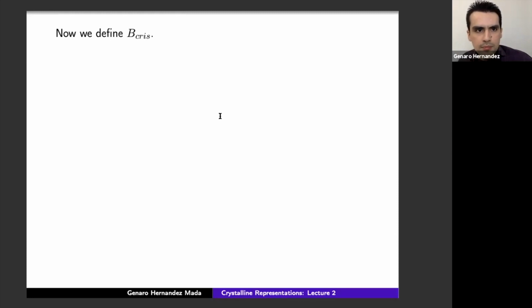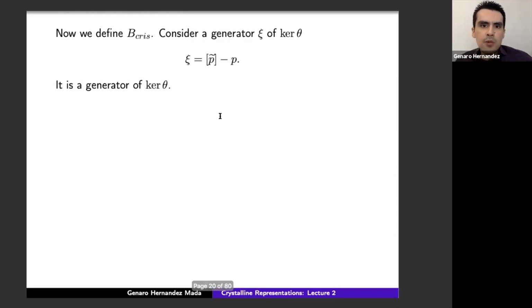So let's go to the definition of B cris, and after we will go to the definition of B semistable. We will consider a generator of the kernel of theta. Yesterday, I'm sorry that I forgot to write the explicit definition, but as I said, it was just taking the first component of each coefficient in the series representation.